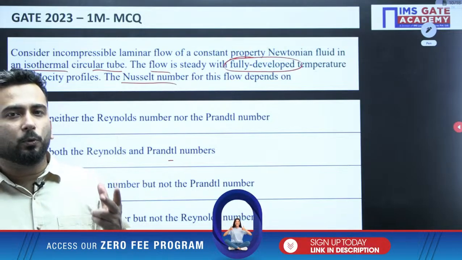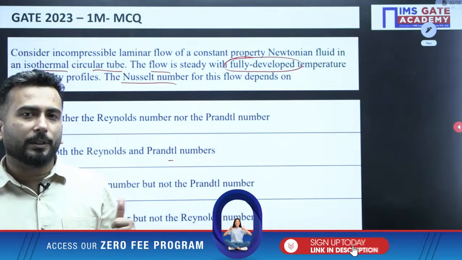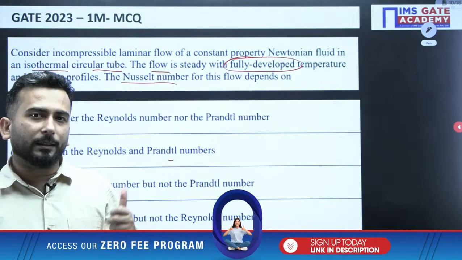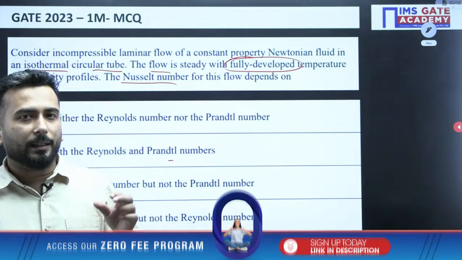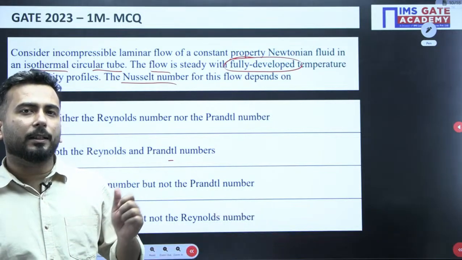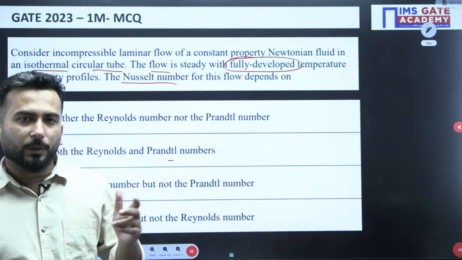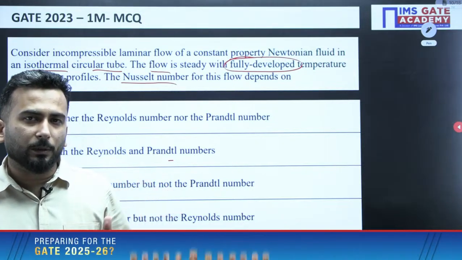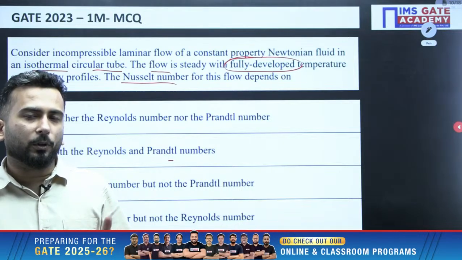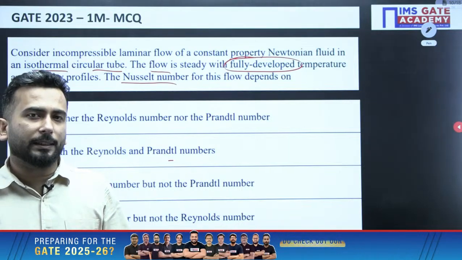There are two cases again, constant flux and constant wall temperature, and under both conditions the Nusselt number remains constant. The value is 4.36 for constant flux, and for constant wall temperature it is 3.66.